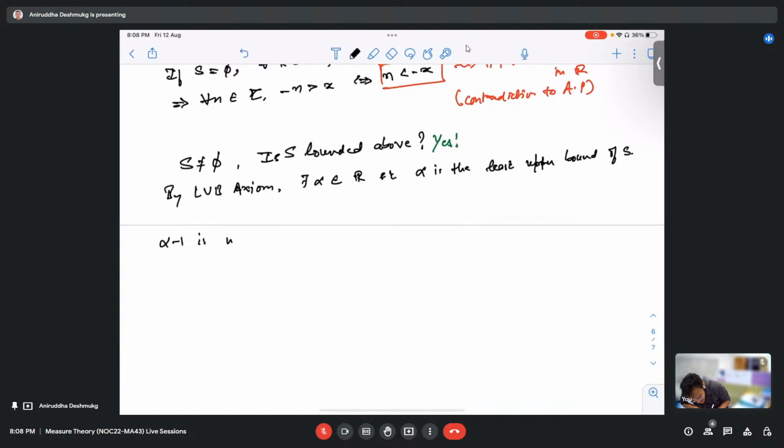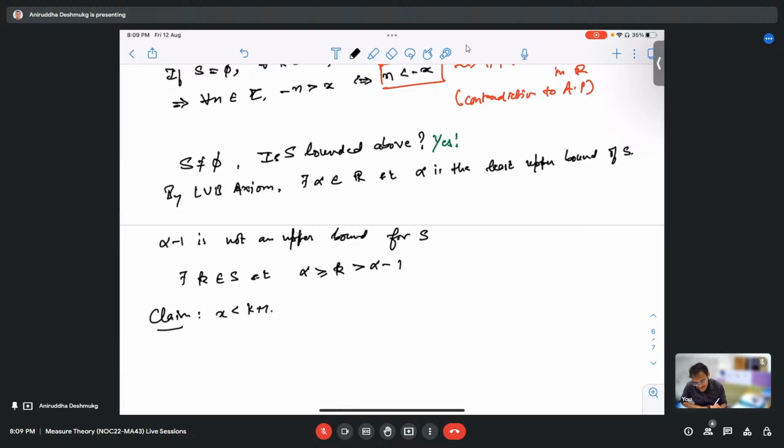Alpha minus 1 is not an upper bound for S. Right? And since it is not an upper bound for S, it means there is some k in S such that alpha is bigger than or equal to k and k is strictly bigger than alpha minus 1. And now we claim that x is less than k plus 1.